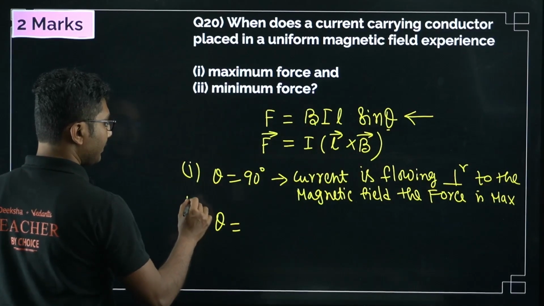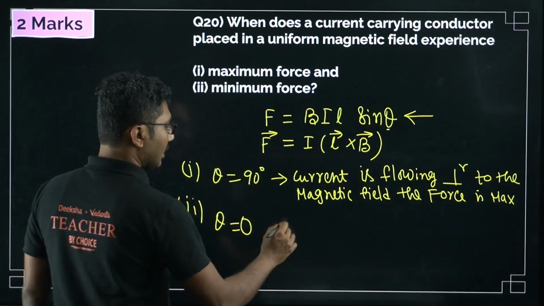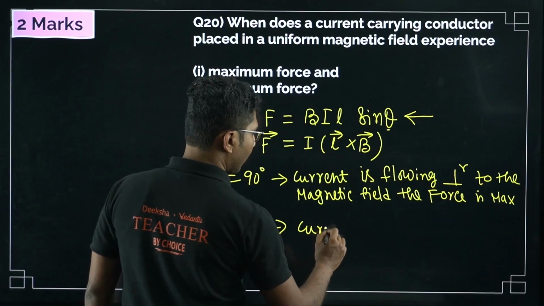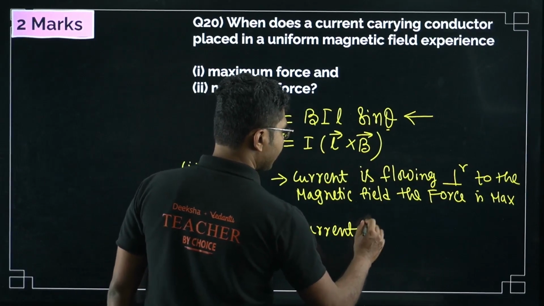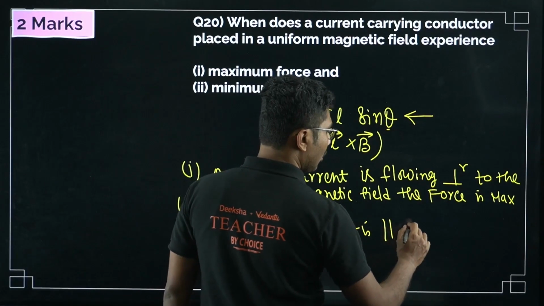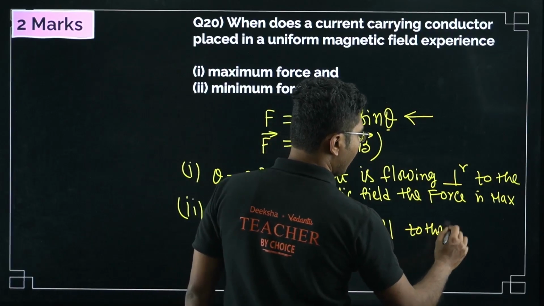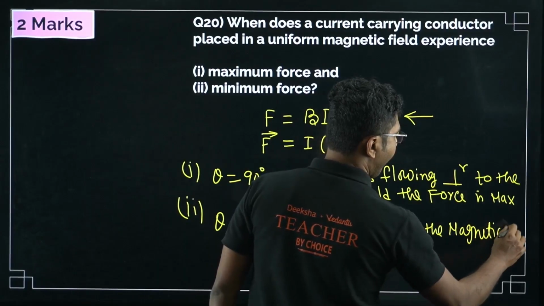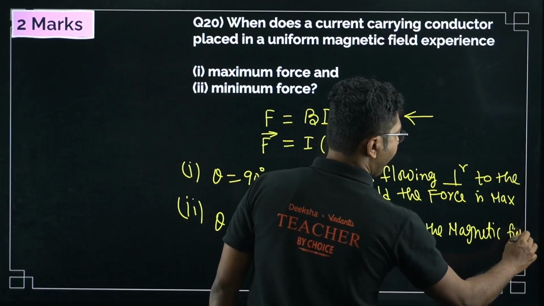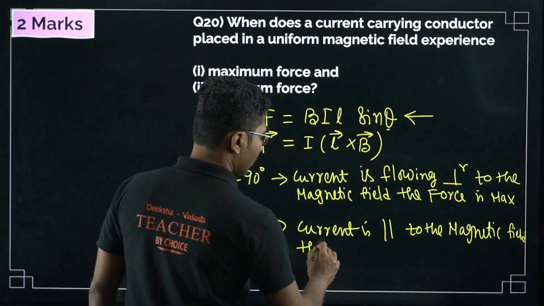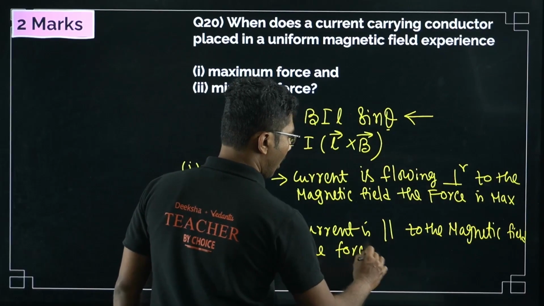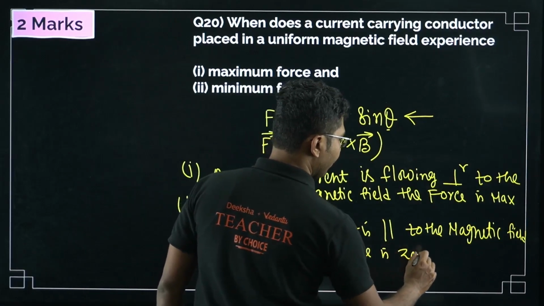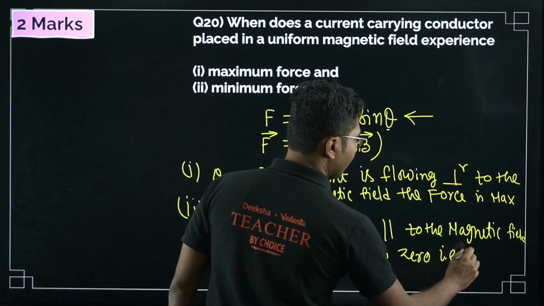The second case is minimum. When theta is 0, current is parallel to the magnetic field, the force is 0, that is minimum.